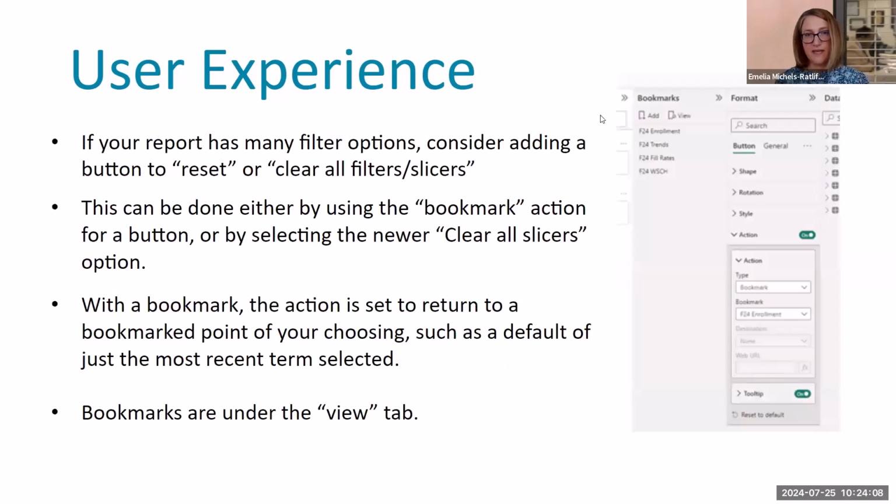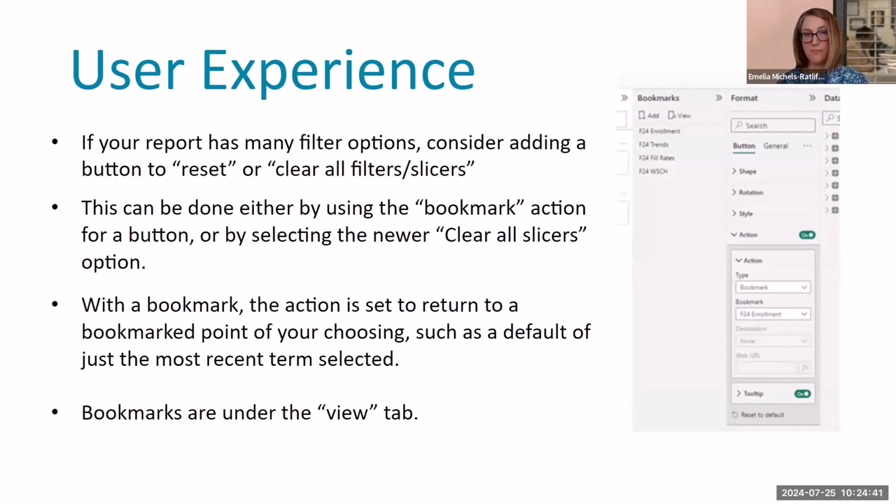And then the final thing is thinking about bookmarks. I use bookmarks and buttons. If you have a lot of filters, it may behoove you to put in a way to clear all those filters out. I almost always do this, and this can be done with either a simple option; I think last year they added the option to add a button that's just a clear all slicers or clear all filters button.